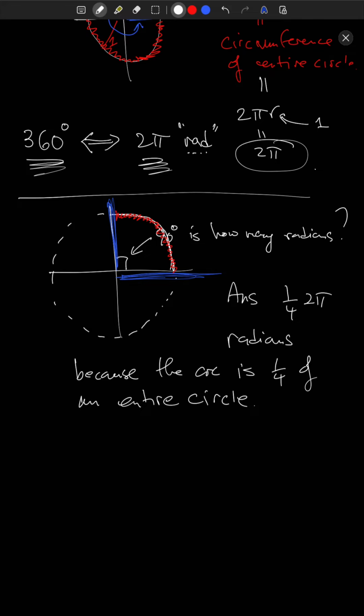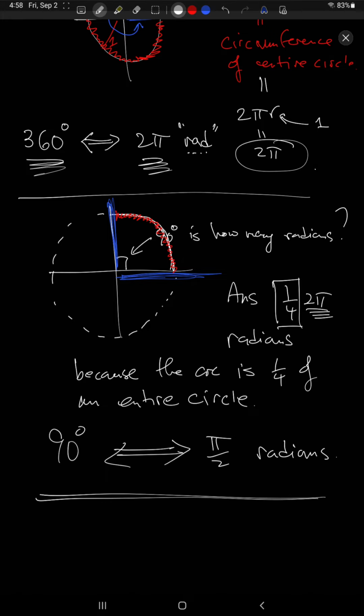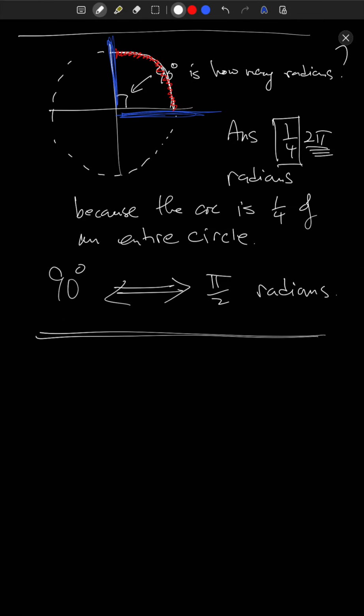So here what we're saying is 2 pi is the entire circle, and we're looking at a quarter of that. Okay, so altogether 90 degrees is equivalent to pi over 2 radians. Or just pi over 2, right? Because radians will be our natural measure.